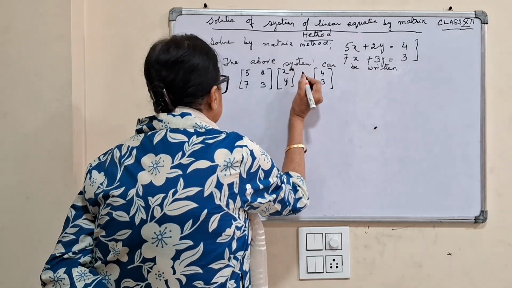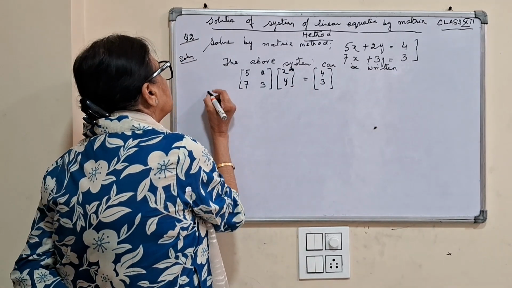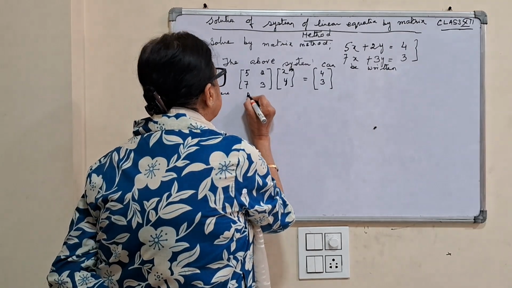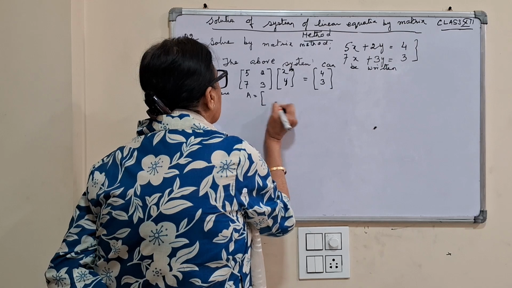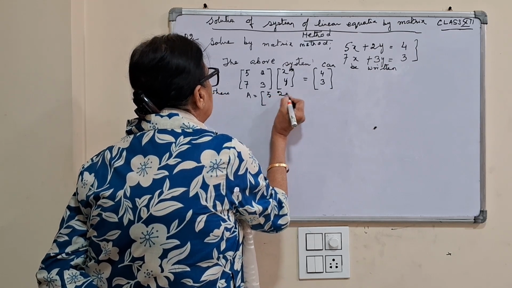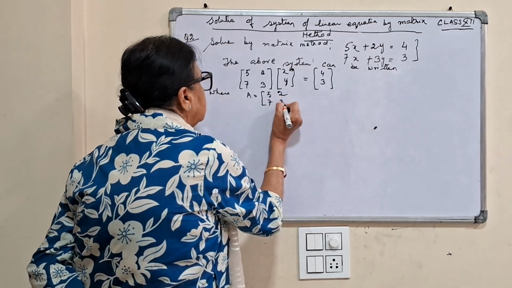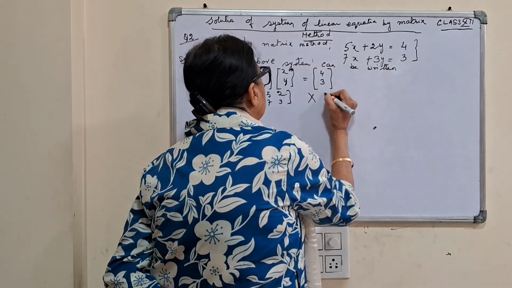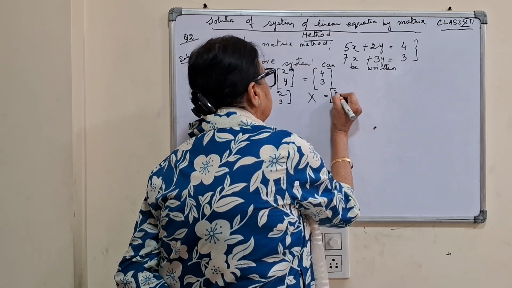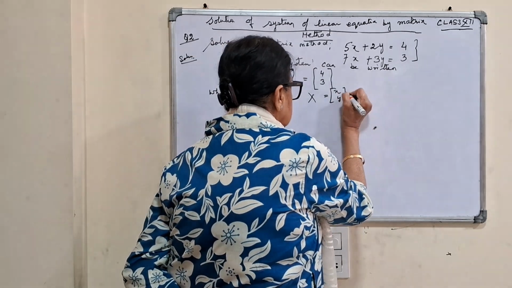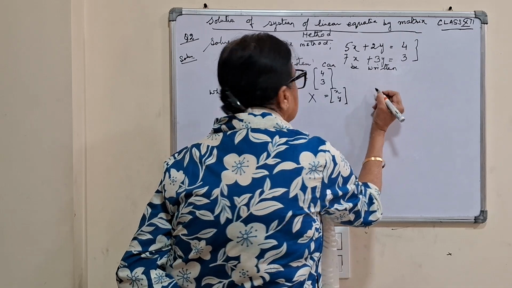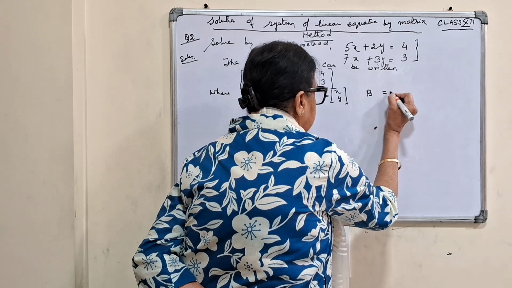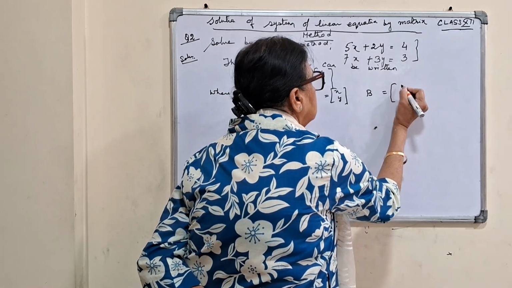This is the matrix method, where A is equal to 5, 2, 7, 3. X is equal to x comma y, xy. I am always saying comma, and you can tell me this is wrong. And B is equal to 4, 3. This is the column matrix.